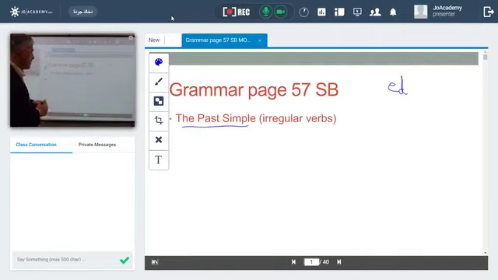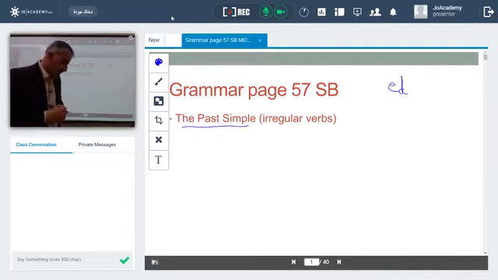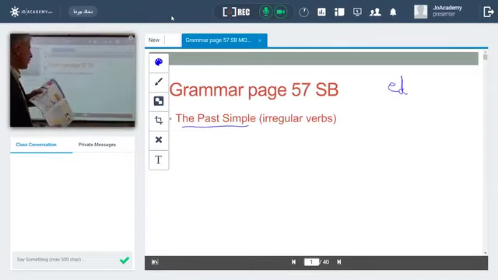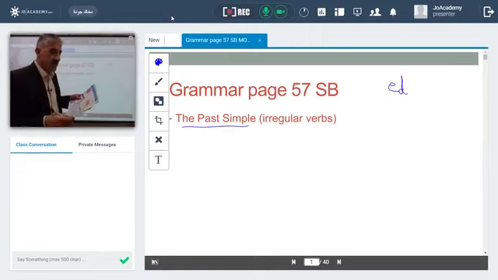So today we are going to talk about the past simple, the irregular verbs, and we have one exercise, page number 57. Here it's required from us in pairs to find the past simple form for these irregular verbs in the text on pages 55 and 56.